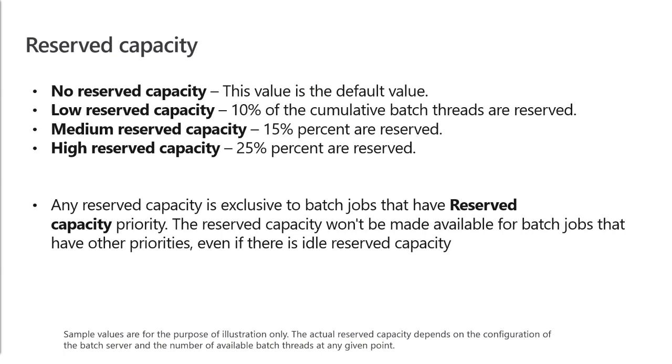So if you don't fully utilize the capacity that you have set aside for batch jobs in these batch groups using the reserve capacity, you might still have idle capacity while there are batch jobs queuing up for other priorities. So this is where it's really important to think about this. It's something to use for super critical jobs where you really want to make sure that they can always get through. You also have to think about the impact on the overall batch situation.